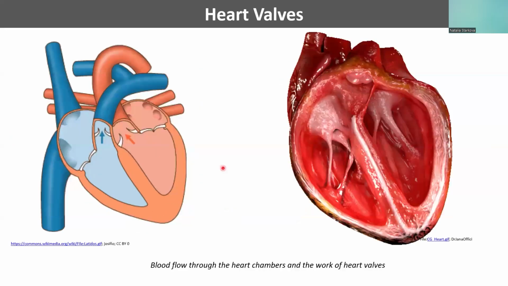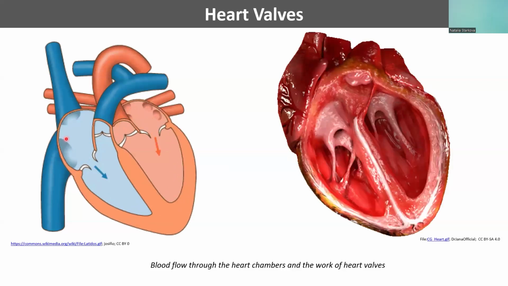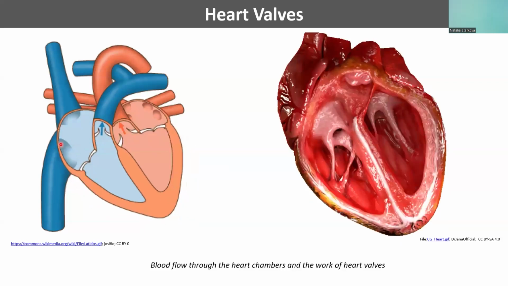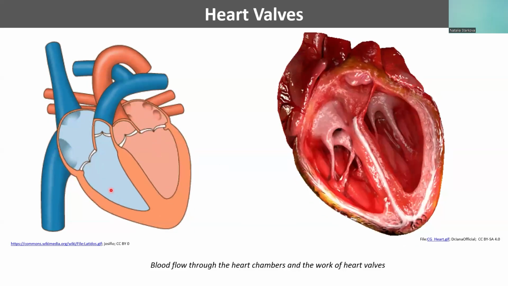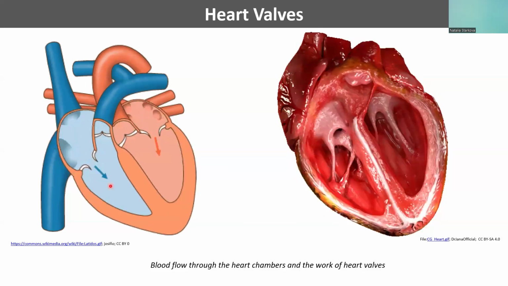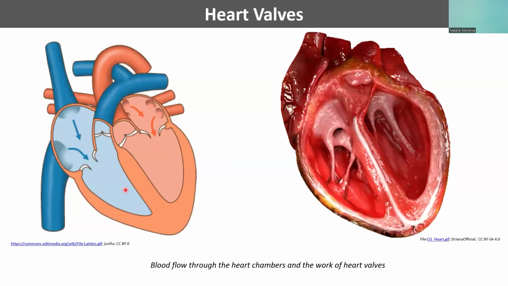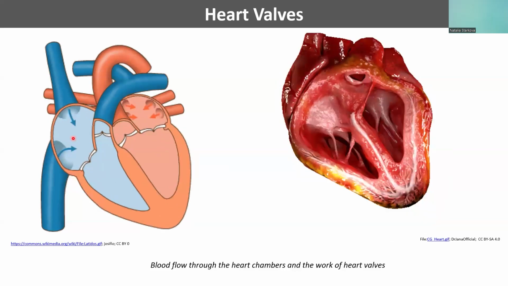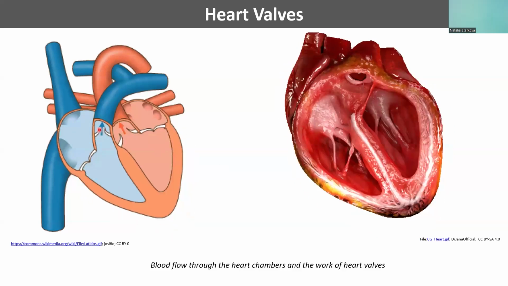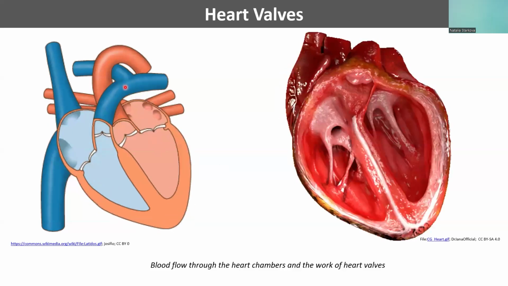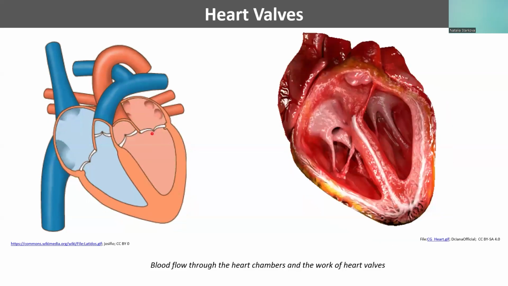Just to give you the idea of how it's all coordinated: you see that the blood goes from the atria to the ventricle, and the AV valve allows it, because it opens but only in one direction. But when the ventricle contracts, the blood cannot go back to the atrium. It can only go through the semilunar valve to the artery. And the same in the left side of the heart.